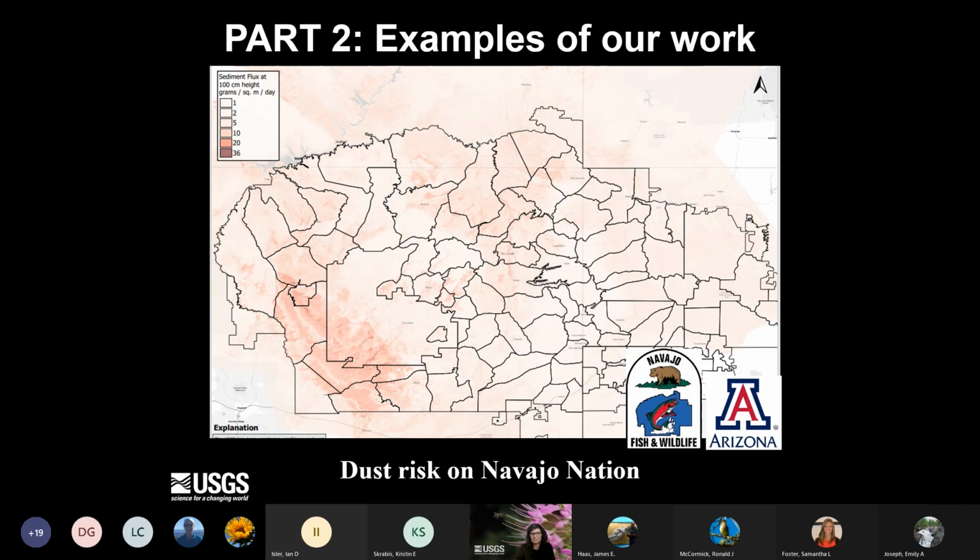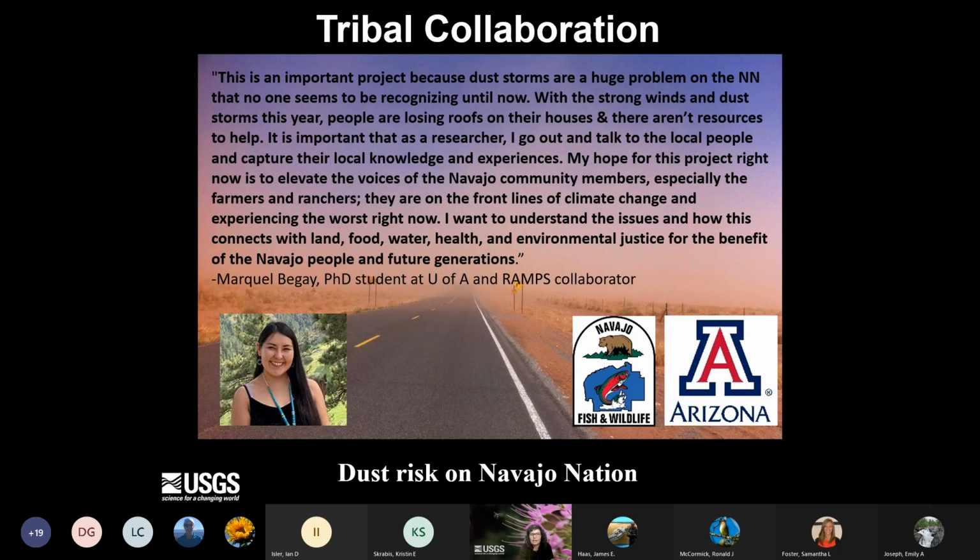So we produced these maps and are collaborating with a grad student at U of A who's using these maps to go out into our community and talk to folks about their perceptions of dust risk, the impacts of dust in their lives, with a focus on agriculture. And so this is Markel Begay, who is leading this project. And I just want to read this quote about what this project is for her.